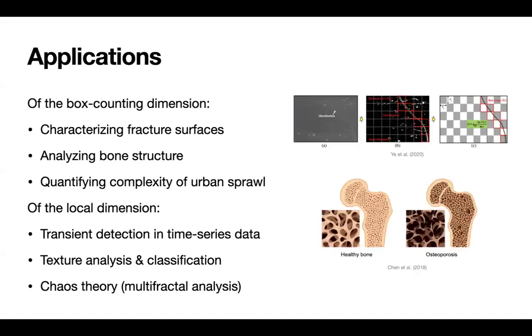And I'll briefly mention where, besides singular learning theory, this stuff shows up. It shows up in a lot of places. For instance, in material science, you can look at fracture surfaces, take a physical image, count boxes of different pixel sizes, see how that changes, and literally quantify the complexity of the kinds of cracks that you get in your materials.